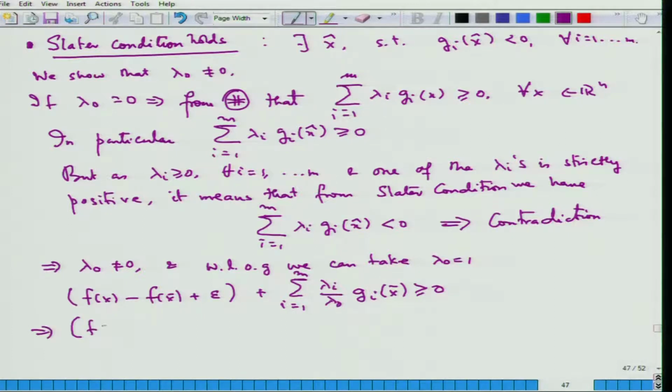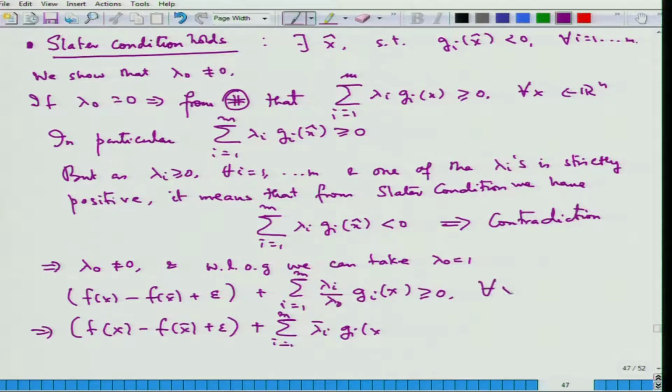So, this would imply f x minus f x bar, not x bar, sorry, this is x. This is what I have.